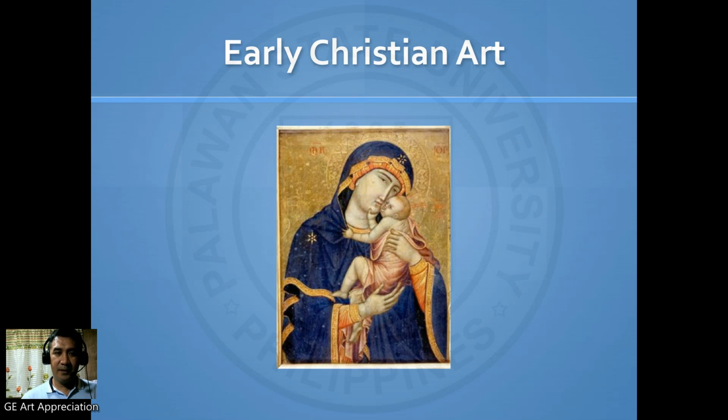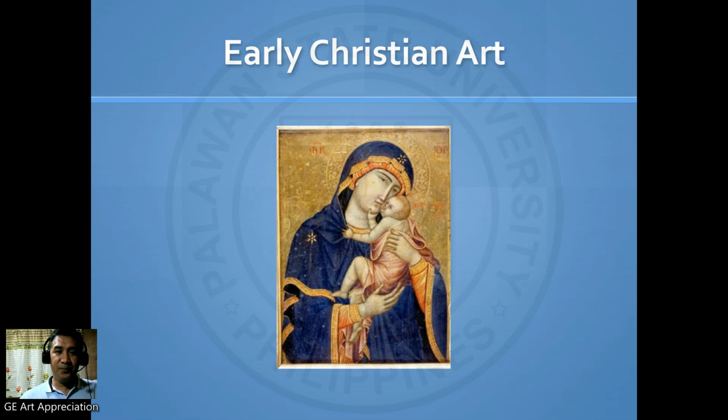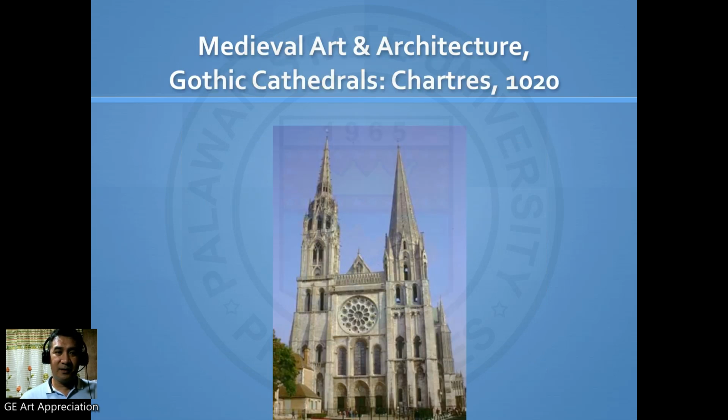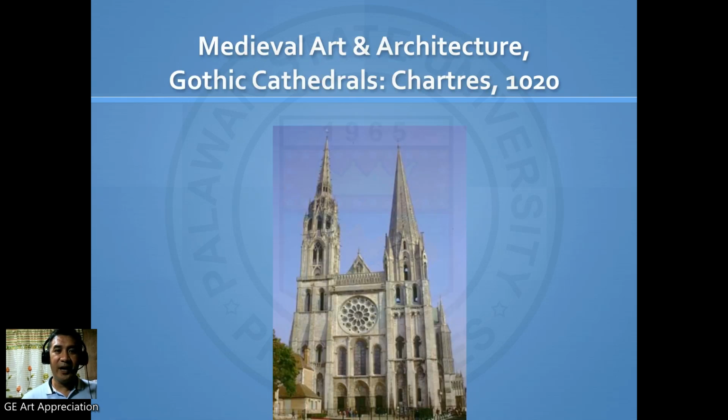Since there was a collapse during the time of the ancient Romans, the early Christian art came in. We have the medieval art and architecture.